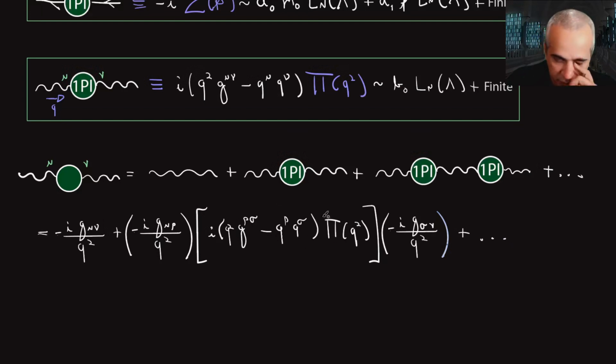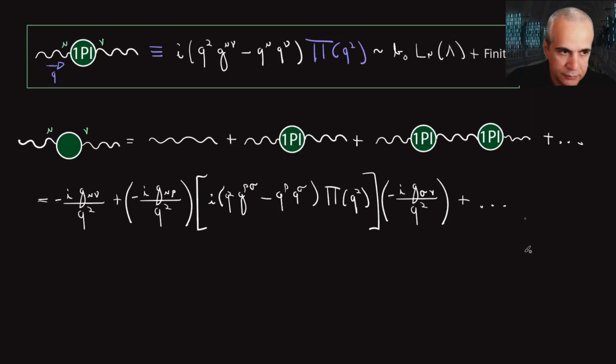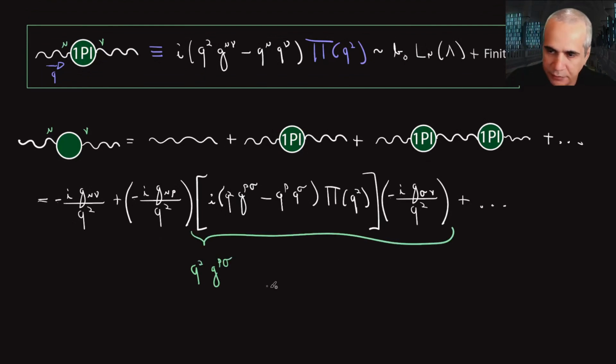Now it's important to notice that this piece here can be rewritten in a convenient way. So I can take this thing here, q squared g rho sigma. I'm talking about this whole piece, right? You can take this q squared inside, and there'll be a cancellation with this q squared here.